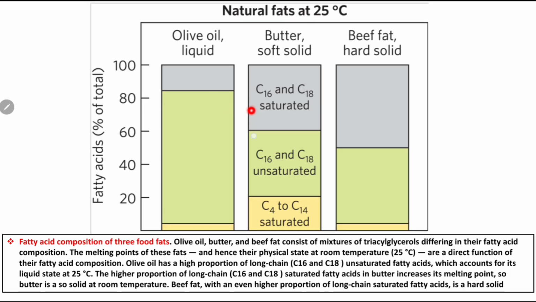Butter has slightly more saturated fatty acids. Beef fat has even more saturated fatty acids, right? And higher proportion of saturated fatty acid in butter increases its melting point, so it is solid at room temperature.